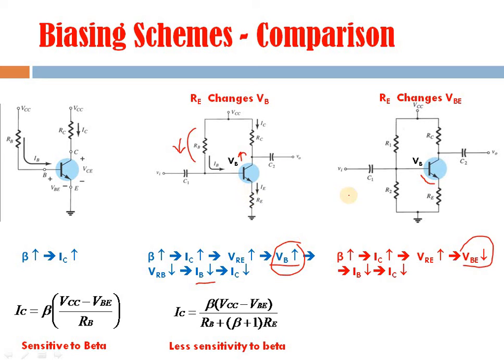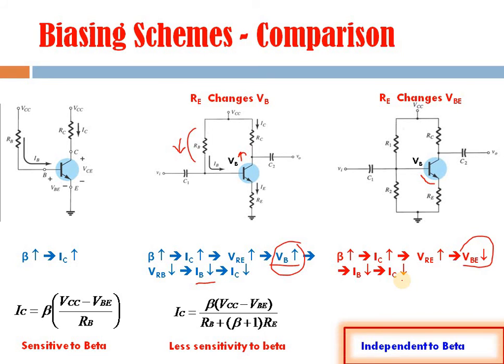Here VB is increasing, but here VBE is decreasing, and because of that IB is decreasing and the collector current is decreasing. So you can see that this arrangement is almost independent of beta. We are not going into the detailed calculations because that takes time, but I have explained qualitatively how this arrangement helps you to achieve more stability.